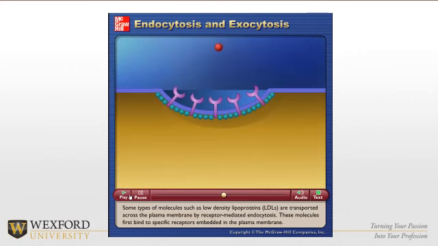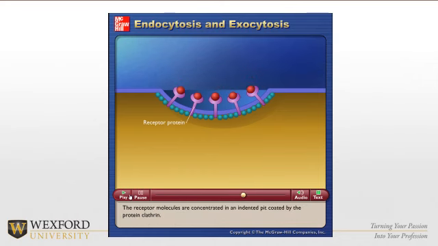Some types of molecules, such as low-density lipoproteins, LDLs, are transported across the plasma membrane by receptor-mediated endocytosis. These molecules first bind to specific receptors embedded in the plasma membrane. The receptor molecules are concentrated in an indented pit coated by the protein clathrin.